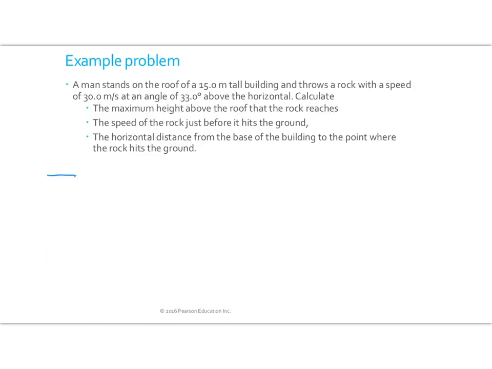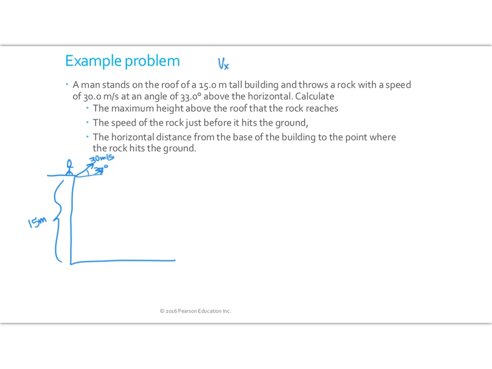Now here's a different type of problem where we have someone on the roof. It's 15 meters tall. He's going to throw something with a speed of 30 meters per second, and the angle is 33 degrees. And then we're asked to find a lot of stuff. And we'll worry about that in a minute.